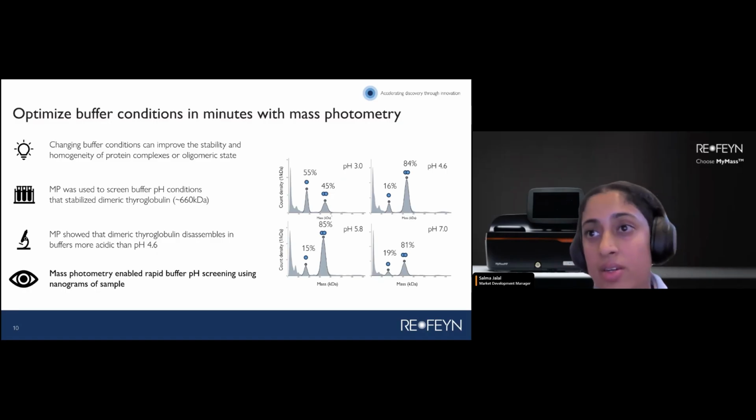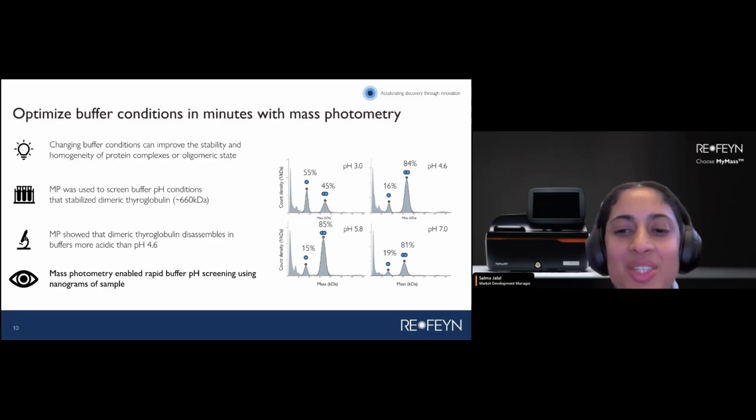And as you can see here, in the conditions more basic than 4.6, the thyroglobulin was predominantly dimeric. And MyMass enables rapid buffer screening, with measurements that take minutes using virtually no sample.